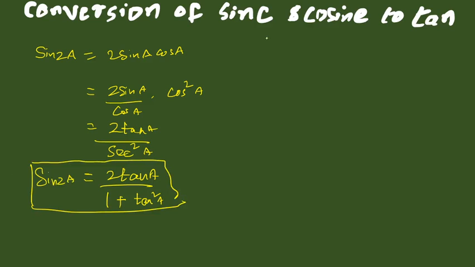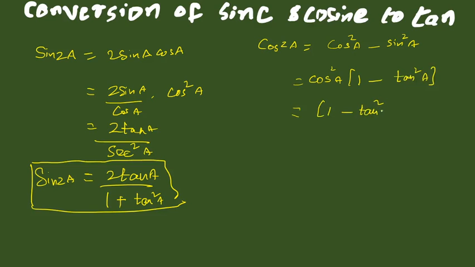What about cos 2A? A basic formula is cos square A minus sine square A. Here I take cos square A common, then I get 1 minus sine by cos, that is tan square A, so 1 minus tan square A will be the numerator. Cos square reciprocal is secant square.